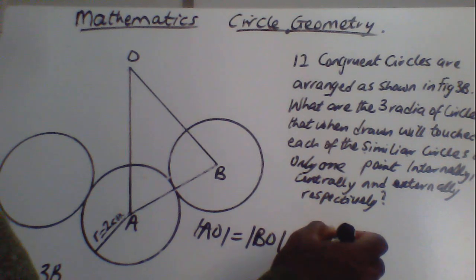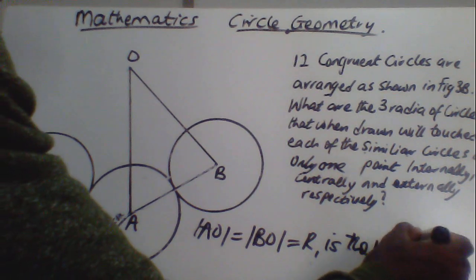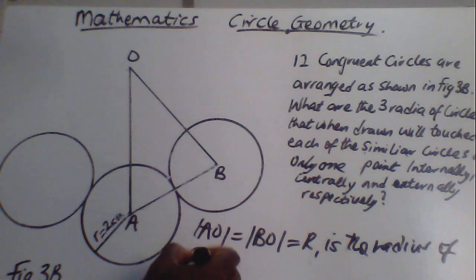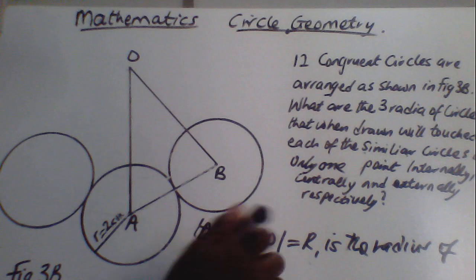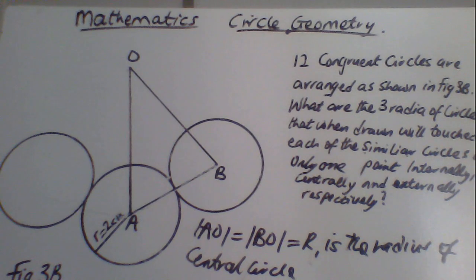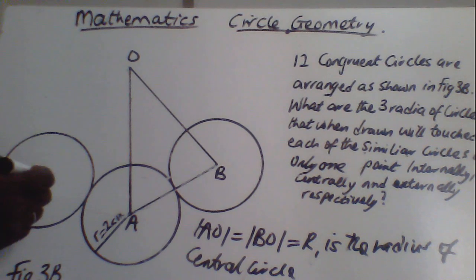In this case, it is the radius of the central circle that will be formed. So we call it the radius of the central circle when we draw it, when we join the centers like this.